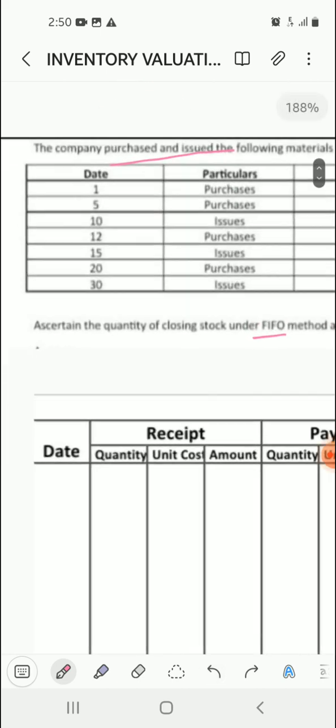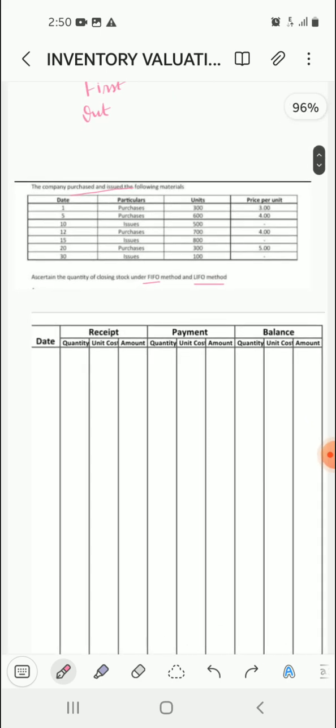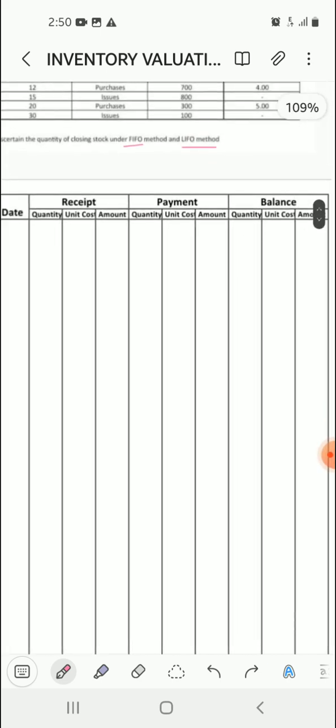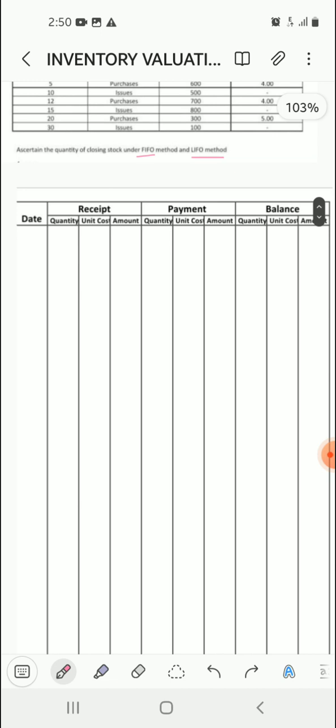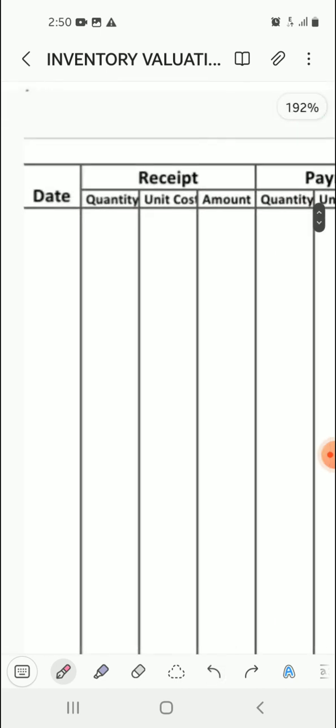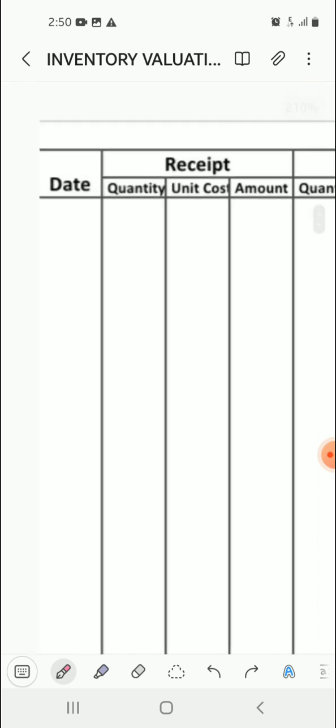Now see, first of all, the format looks like this. We will make three main columns: one for receipt, another for payment, and then one for balance. In each of the columns we have sub columns, consisting of quantity, unit cost, amount, and the date.